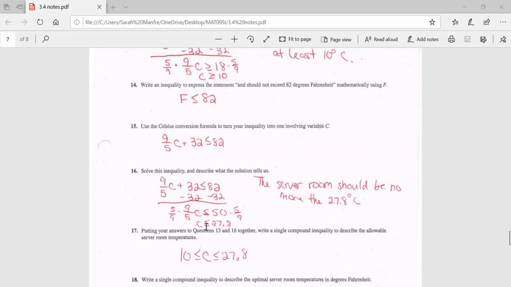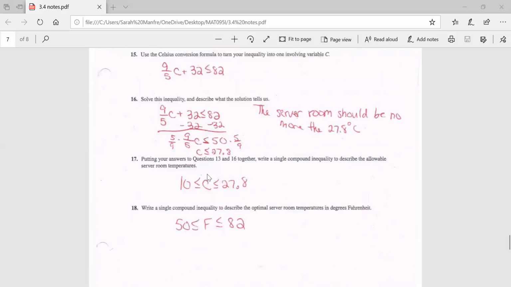We call this a compound inequality because we're taking two inequalities that we wrote and writing them as one inequality statement. So we know that Celsius has to be between 10 and 27.8. This is saying two different things.